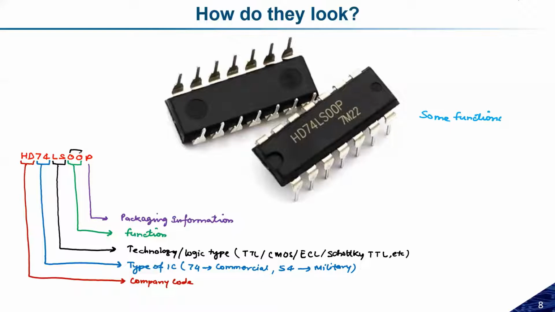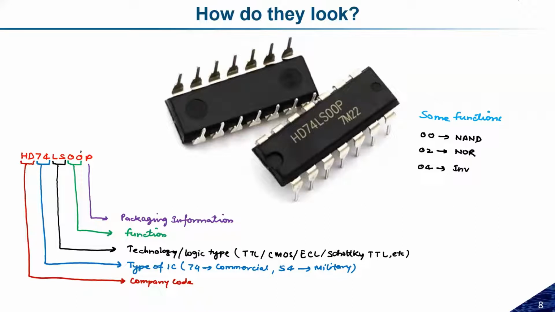If I'm talking about 00, I just told you this is for the NAND. Similarly, if 00 is there, then this 00 indicates the NAND logic. If 02 is there, then this indicates the NOR logic. If 04 is there, then 04 indicates the inverter.